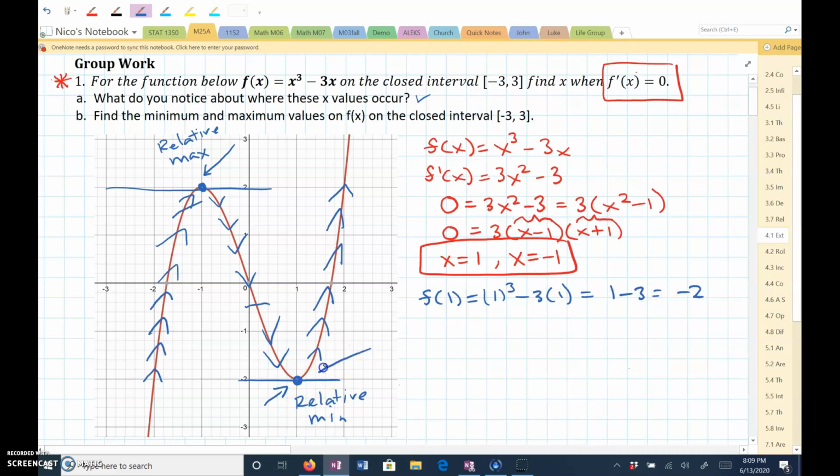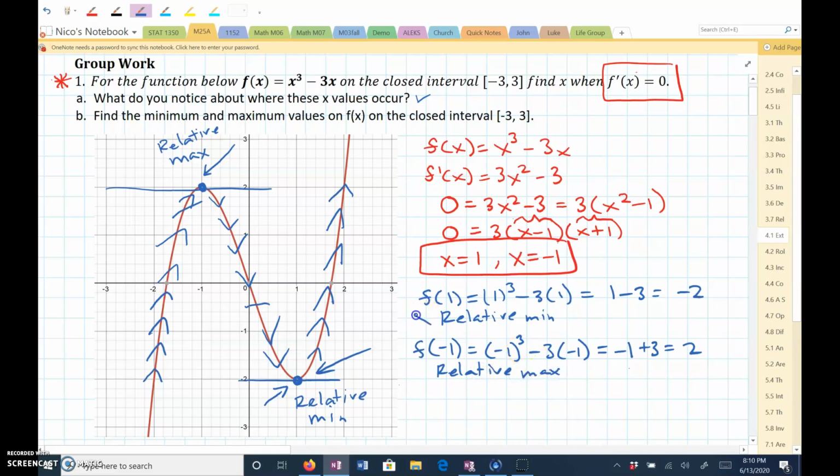Okay, so that's right here. This is a relative minimum. And then f of -1 would be -1 cubed minus 3 times -1, which would be -1 plus 3, which would be 2. This would be a relative max.